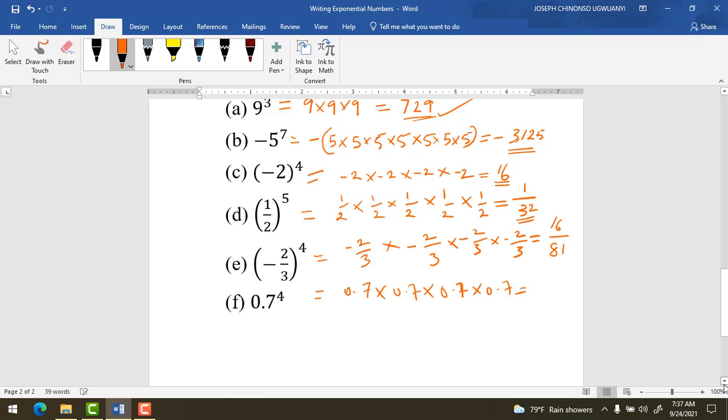So this will give us 1, 2, 3, 4 decimal places, so this will give us 0.2401. So that's the answer to this one.